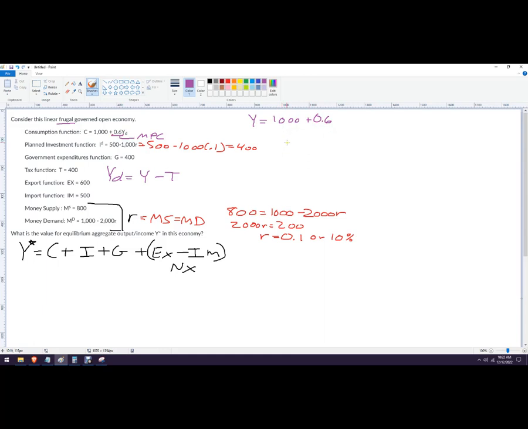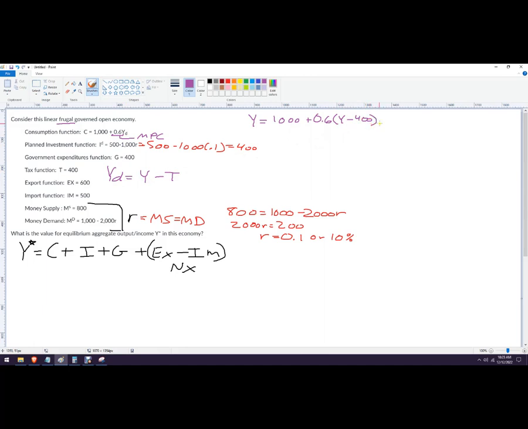So it is the change in spending based on the change in disposable income. So we're just plugging in this formula right here. And we actually know T, so T is going to be 400.